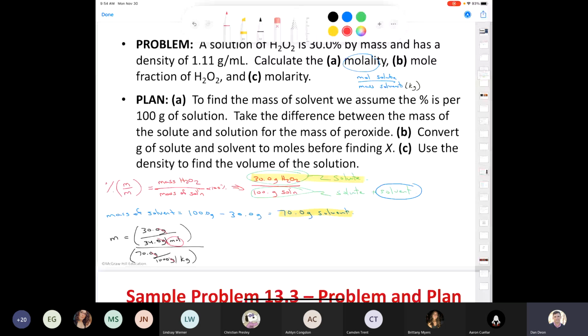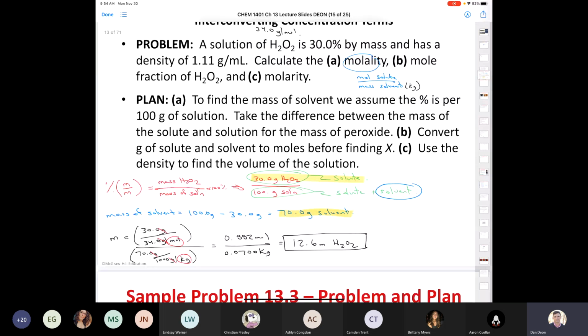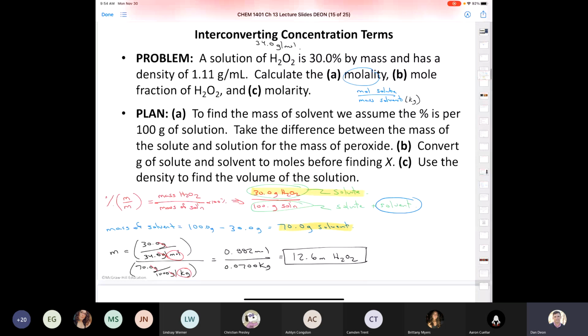That reduces to 0.882 moles divided by 0.0700 kilograms. When I divide that, I get 12.6 molal H2O2. And there you have it. That's the molality of my 30% by mass hydrogen peroxide.